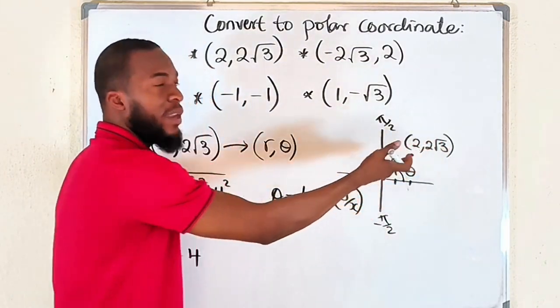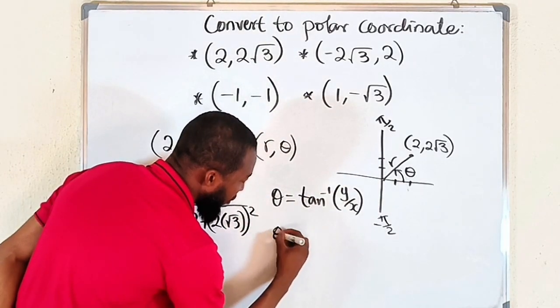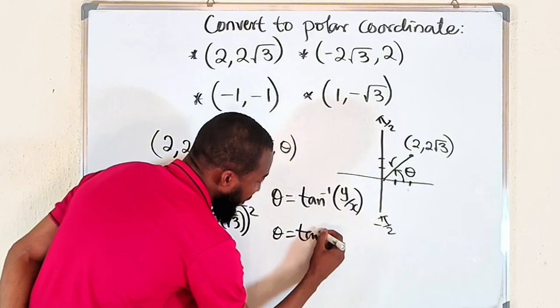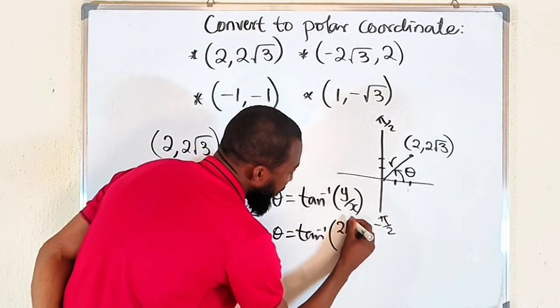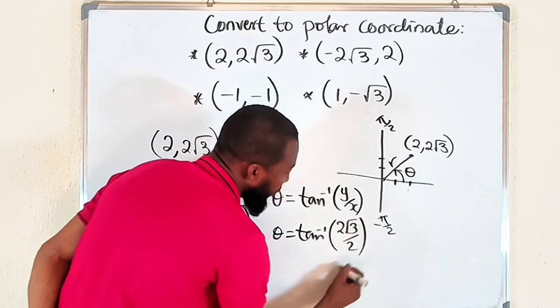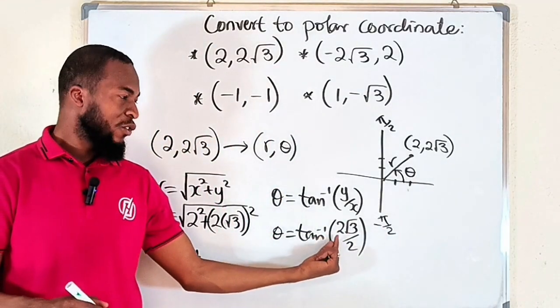So because we are in the first quadrant, we know everything is going to be positive. So this is equal to tan inverse of this divided by that, 2√3 divided by 2. That is y divided by x. And you can see that 2 will cancel 2.